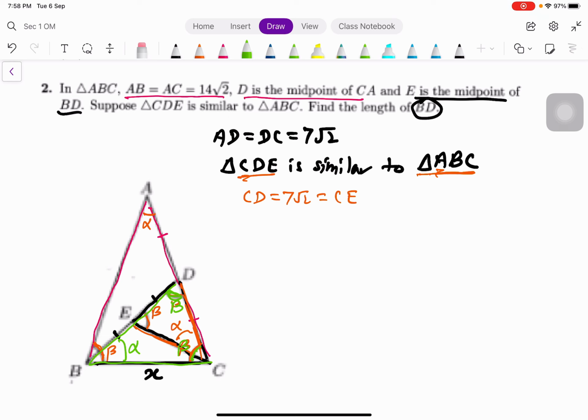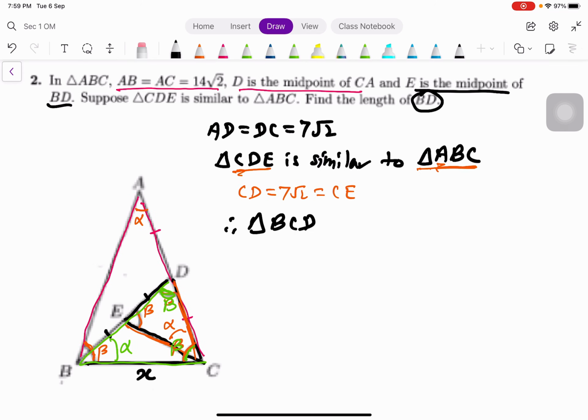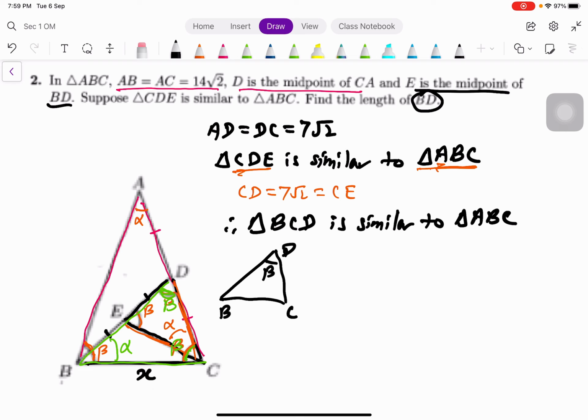You can observe that triangle BCD is similar to triangle ABC again. Let me draw this: this is B, this is C, this is D, with angle beta, angle beta, and angle alpha.